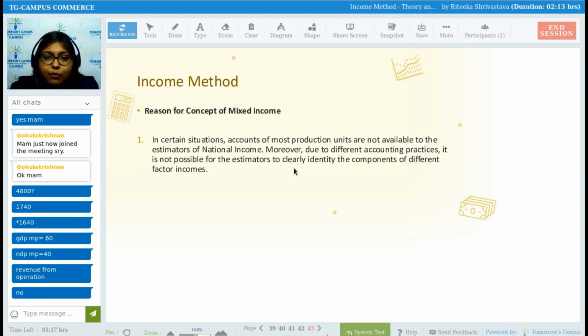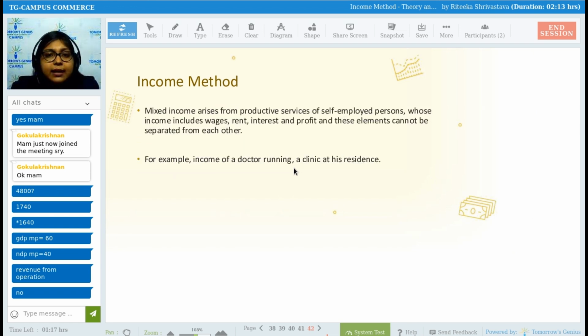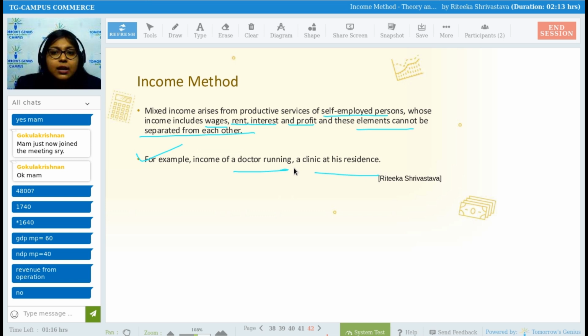So mixed income involves all those people who have multiple types of income and cannot be put under one category. Mixed income arises from productive services of self-employed persons whose income includes wages, rent, interest, and profit. And these elements cannot be separated from each other. Example, a doctor running a clinic at his residence.